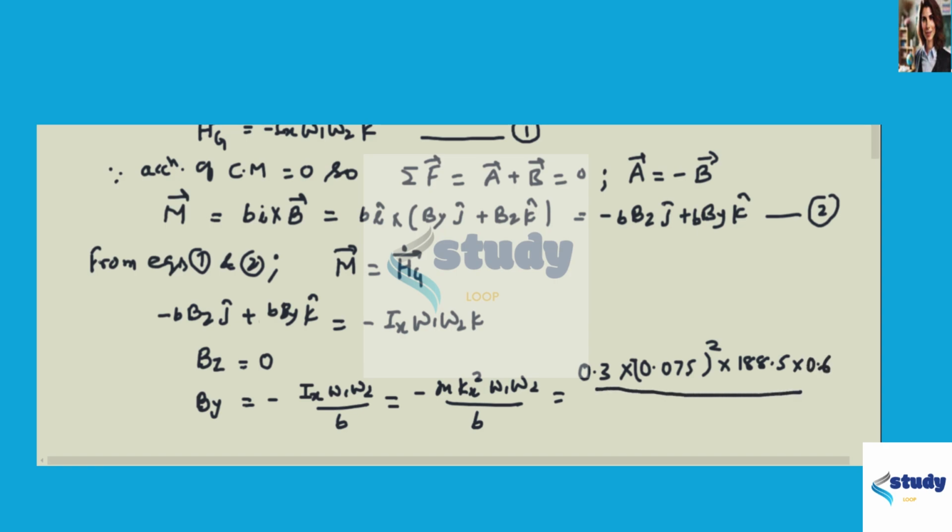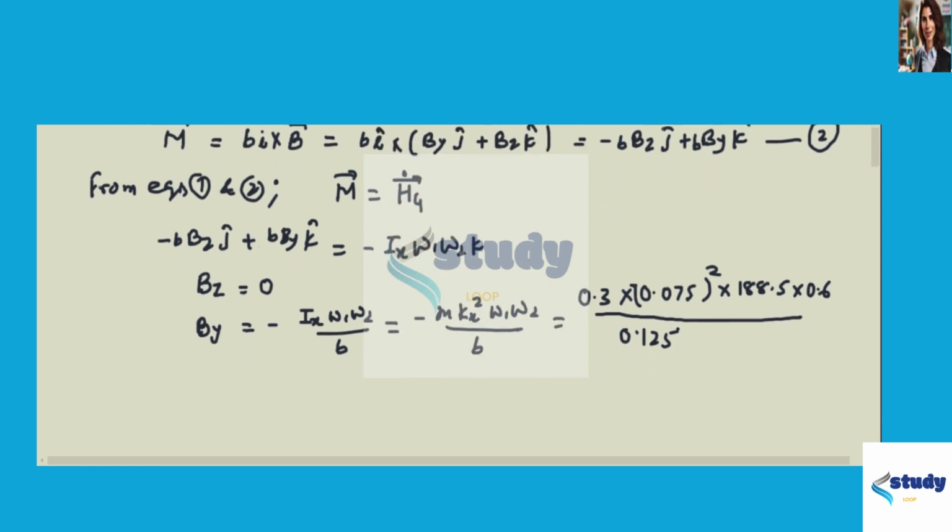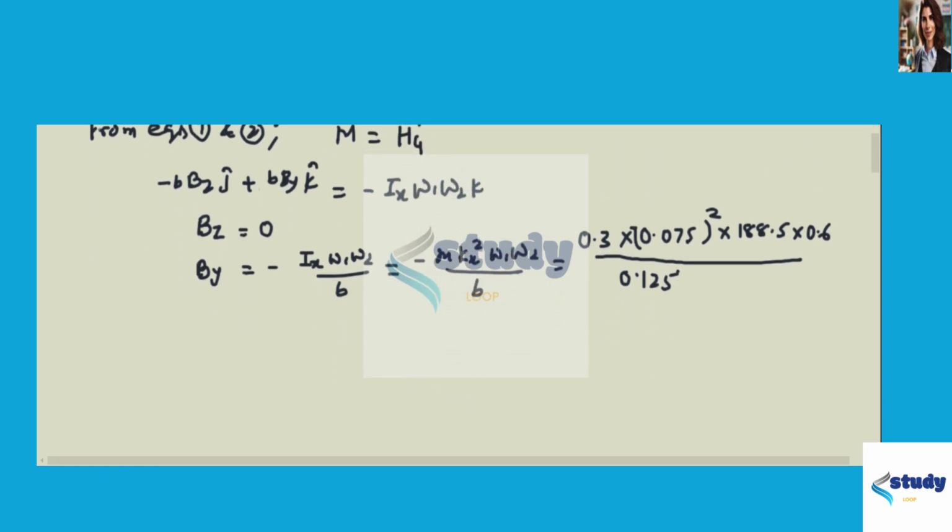V is given 125 millimeter, that is 0.125. So if we solve it, the dynamic reaction having Y component is minus 1.527 Newton. You should remember that the dynamic reaction at A is equal and opposite to B. So this concept you should remember while giving the answer.